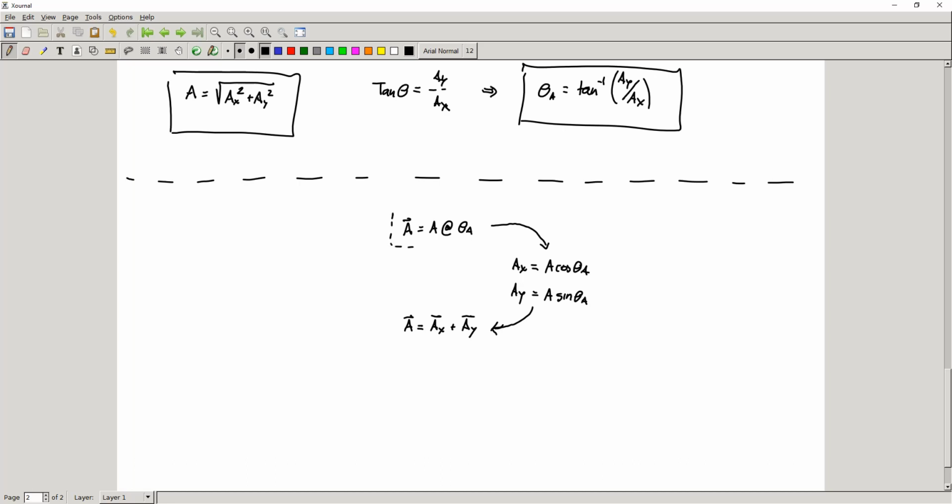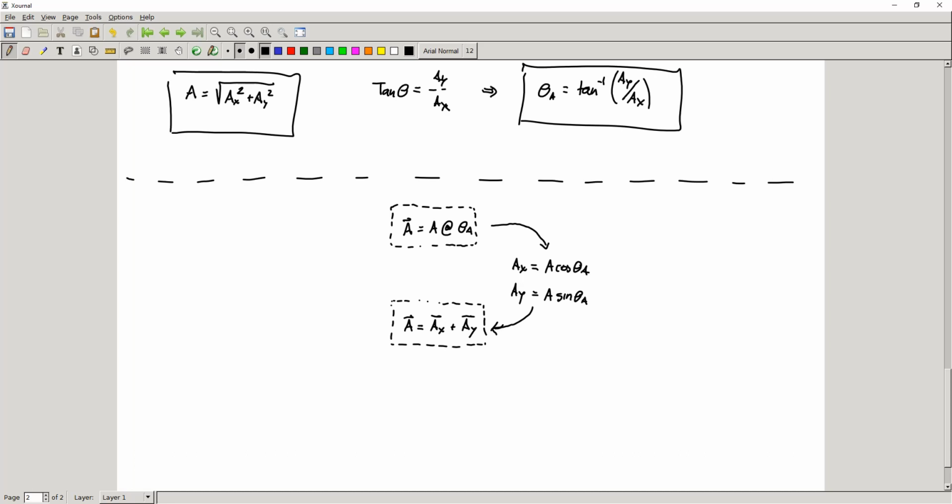So we start here, let's say. We simply feed the magnitude and the angle into this equation here, and we get the magnitudes of the vector components coming out over here, and we get our vector written this way. And this is the way we want it to be able to work with the equations that we have generated already.